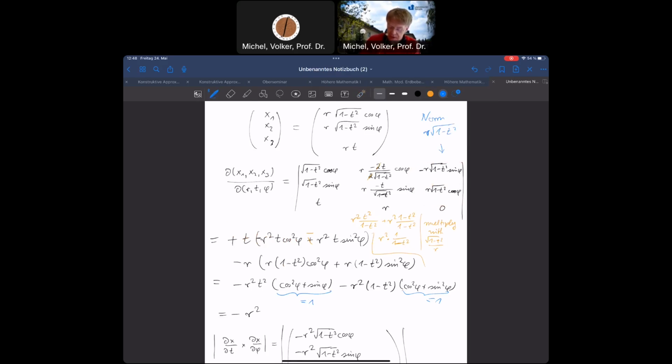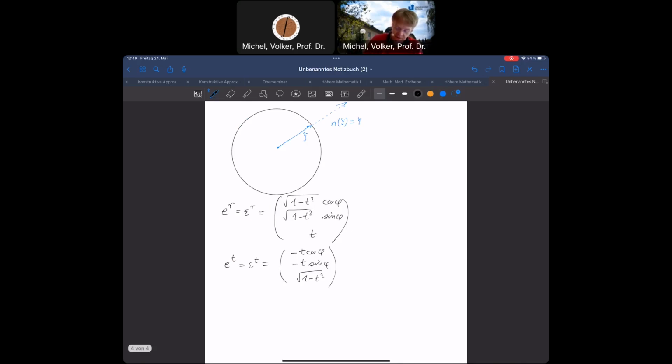You can also just say if you take that in front of the vector, your vector would just be minus sine phi and plus cosine phi, which is definitely a unit vector. So you have to divide it by r and the square root of 1 minus t squared, which gives you simply minus sine phi and cosine phi. That's very easy.